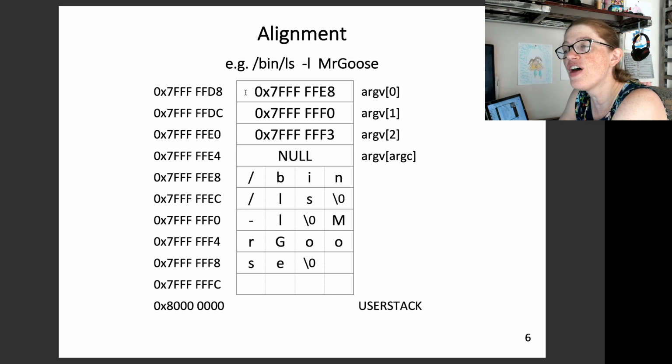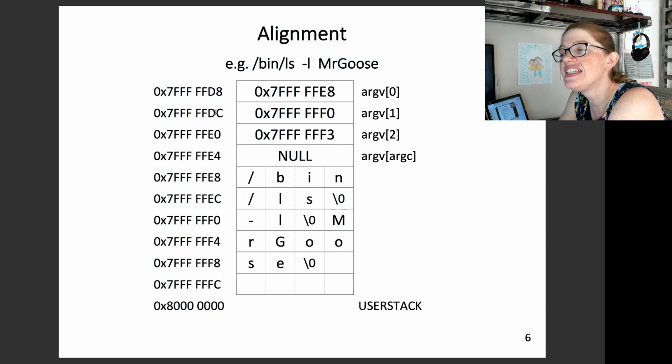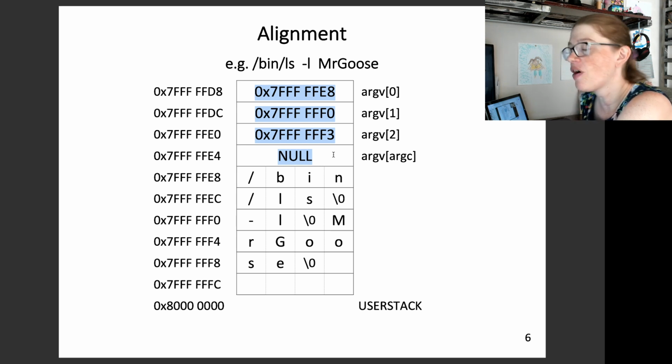And you will note that each of these pointers, where they live, is divisible by 4. And the address of this array, the null terminated array of pointers, is divisible by 8. That is how you have to put stuff on the stack.